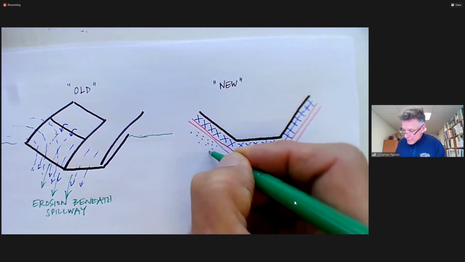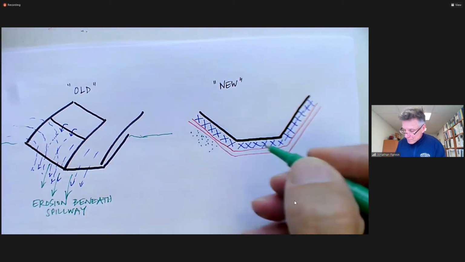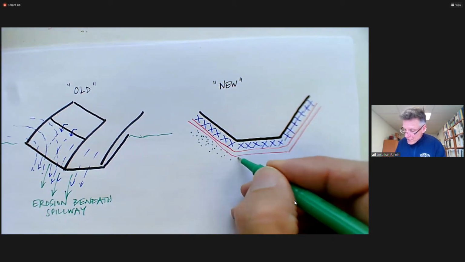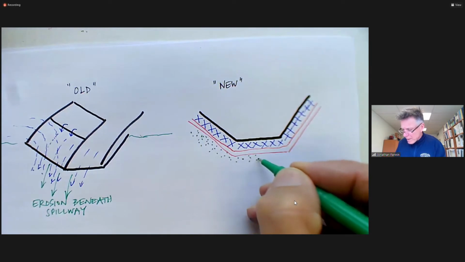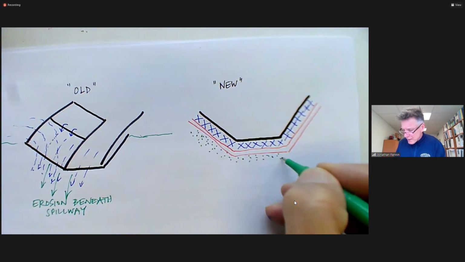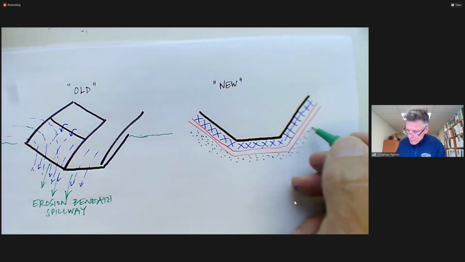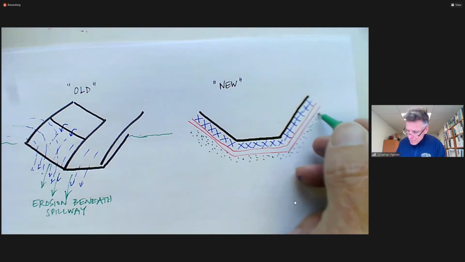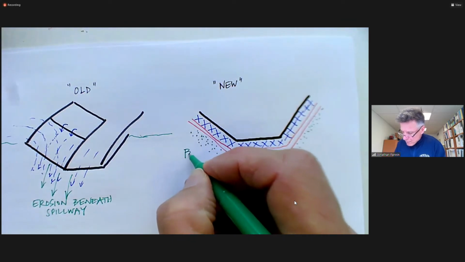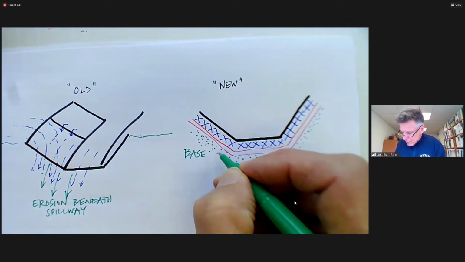So I'm going to call this the base soil or foundation soil, but because people talk about base filter compatibility, I'm going to call this the base soil.